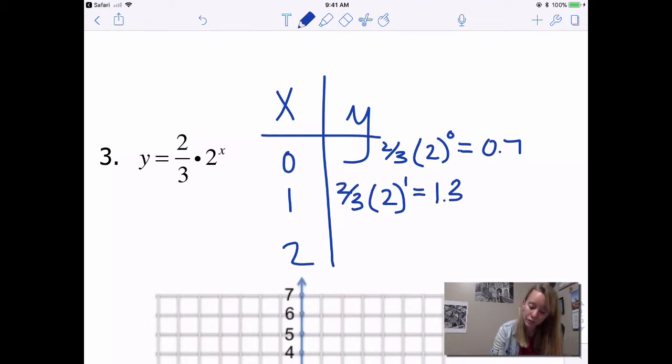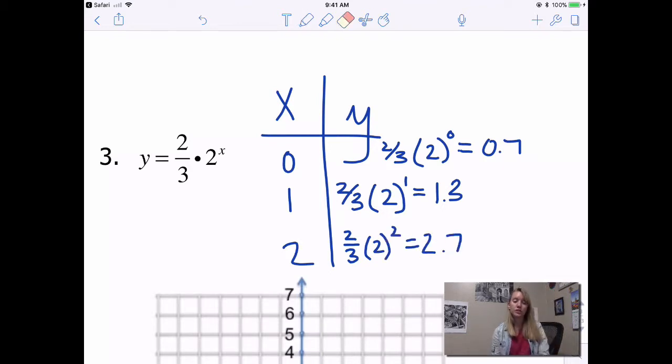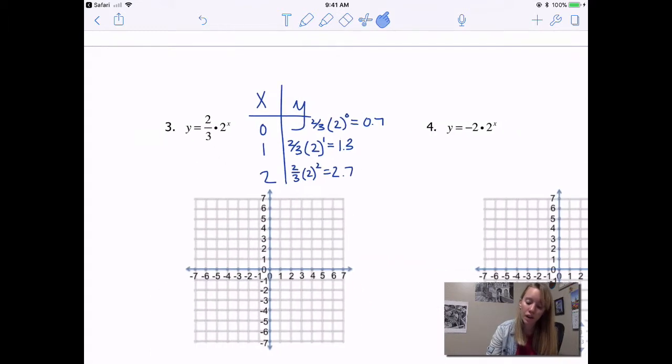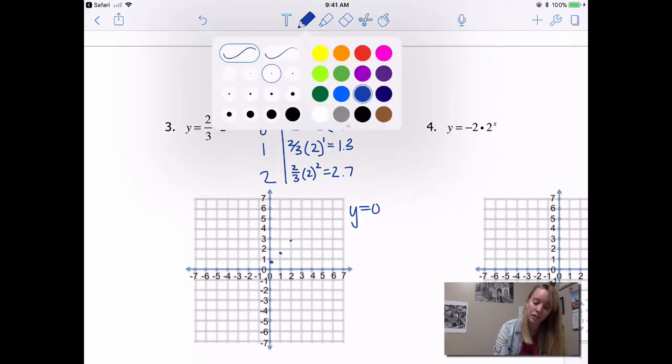And then I do 2/3 times 2 to the 2nd, which is 2.7. So I can graph these points. I've got 0, 0.7, 1, 1.3, 2, 2.7. My horizontal asymptote is going to be y equals 0.